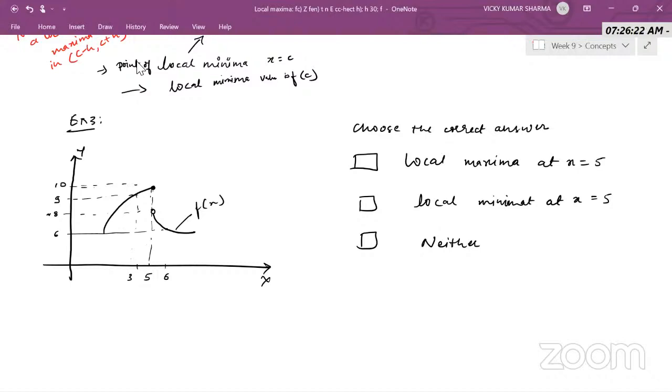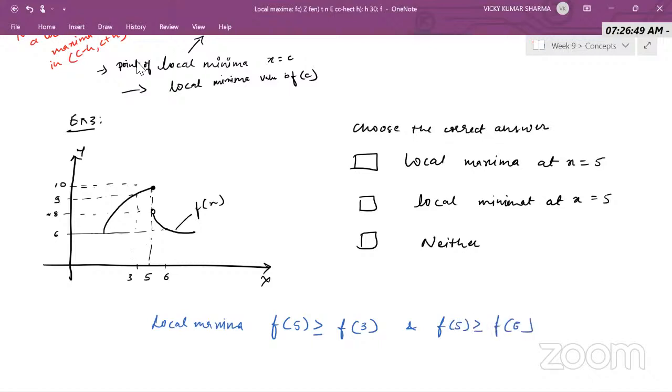If I have to check graphically, how does it happen? For local maxima, all that the definition says is f of 5 should be greater than or equal to f of 3, and there should be an and condition, f of 5 has to be greater than or equal to f of 6.